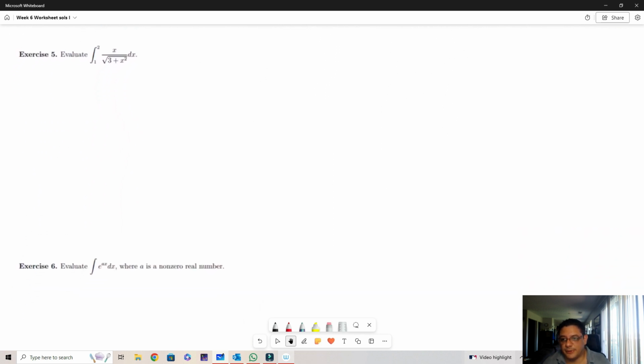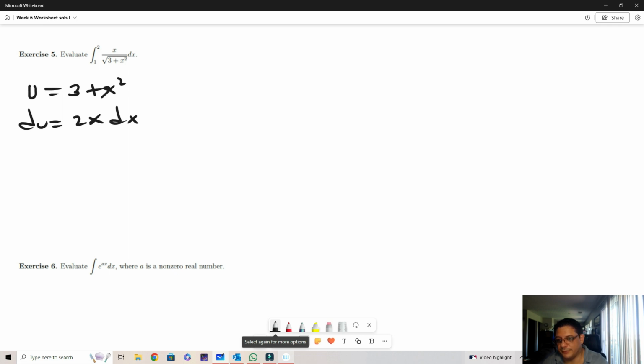Exercise 5 is this integral here, where we have x over the square root of 3 plus x squared. And again, the easiest substitution that we can do is just u equals 3 plus x squared. And so du is going to be, of course, 2x dx, and du over 2 is just x dx.